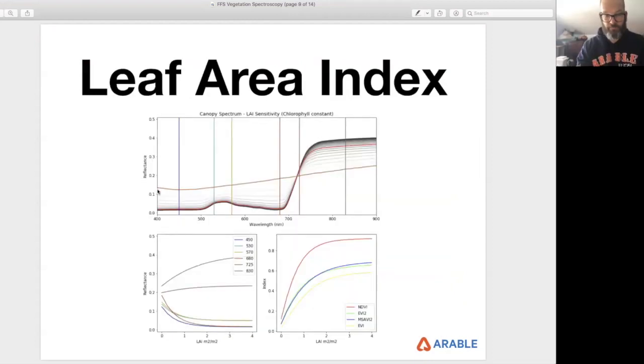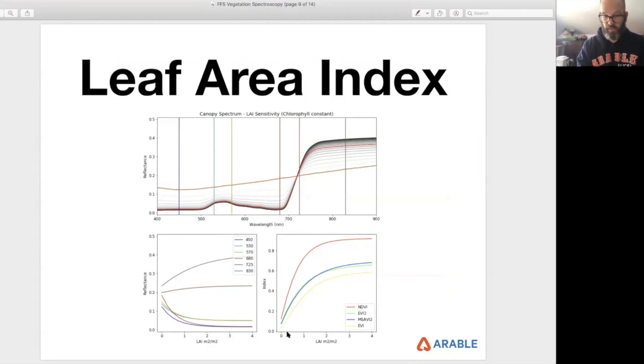And so here, this brown line represents a soil spectrum with no leaves. And then we're adding in these little increments of leaves, starting with this lightest gray line.